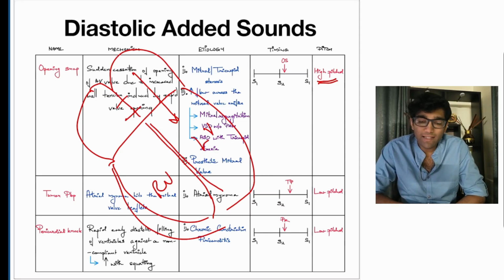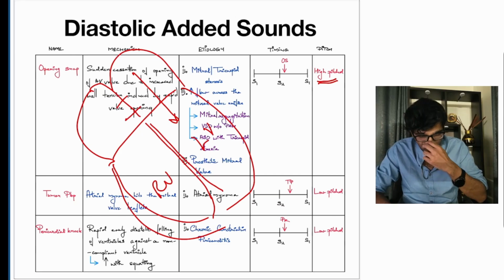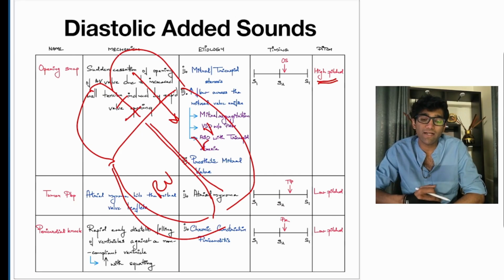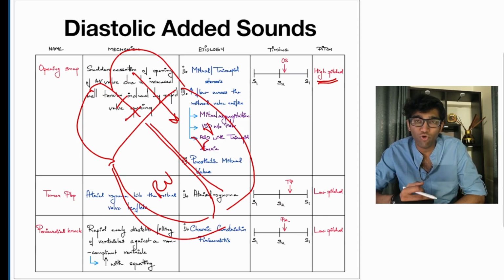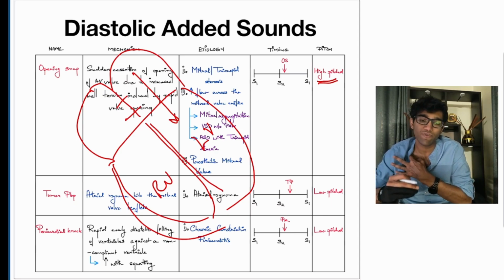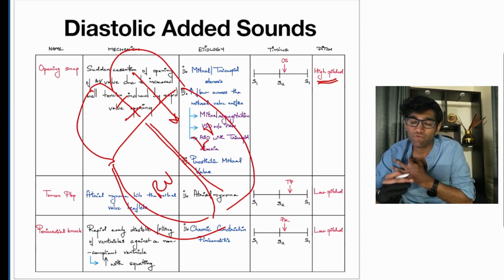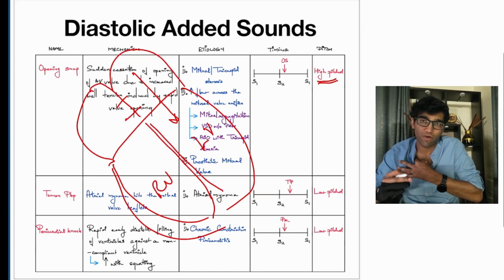Now the third thing that can cause it is, you can have an opening snap when you have left to right shunting, but left to right shunting before the level of your outlet.